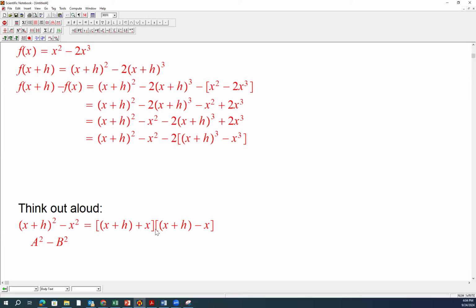And you can see in the second bracket, we will have just h left, right? Because x plus h minus x, we just have h left. Simple, easy, and easy to check.